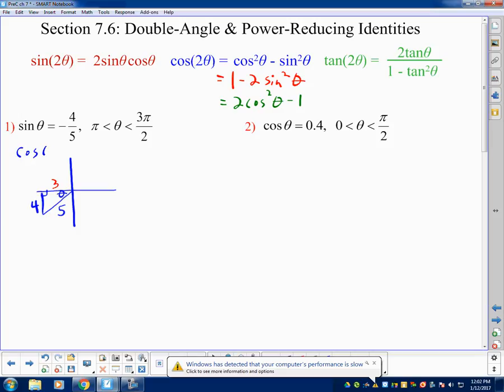And so we could find cosine of theta. What's cosine of theta? Cosine, and is it positive or negative? Negative, because it is to the left of the y-axis, so -3/5. Now, we're going to need to know tangent of theta as well as we go through and calculate these, because I think I asked you to calculate sine of 2 theta, cosine of 2 theta, and tangent of 2 theta.